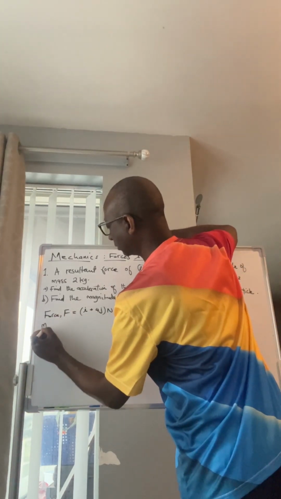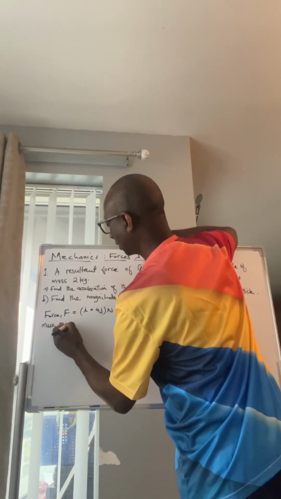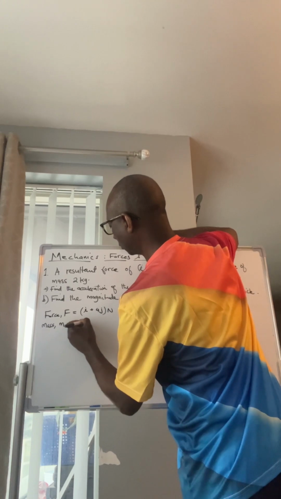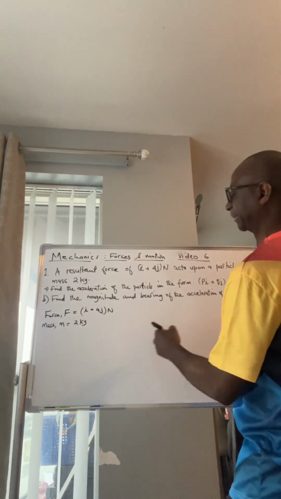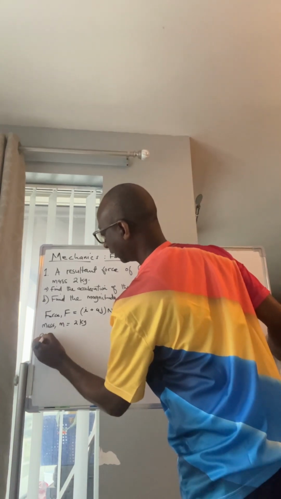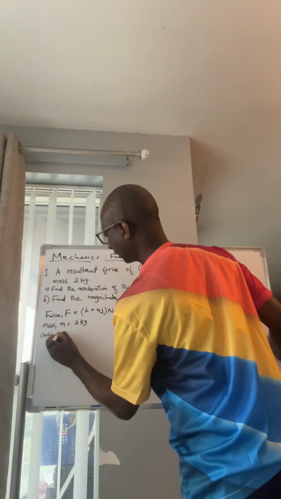So the mass of the particle M is 2 kilograms. Now you are asked to find the acceleration of the particle, A.